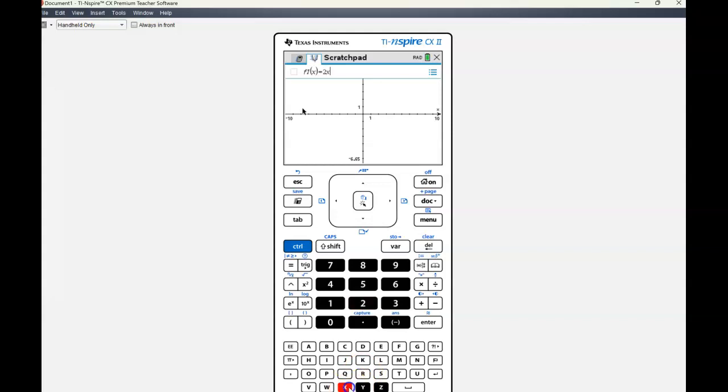So 2x to the power of 3 plus x squared minus 4x. All right, let me see. What a rookie mistake. You know, you could do Control X and Control V, right?